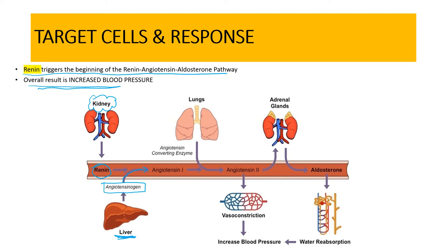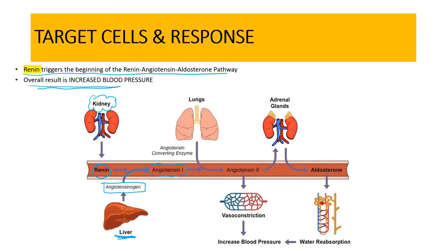When renin meets up with it, however, renin and angiotensinogen combined result in angiotensin 1. So you've got to have both the renin and the angiotensinogen from the liver in order to make angiotensin 1. Renin is actually going to cleave and bind to the angiotensinogen, resulting in this next molecule, angiotensin 1.